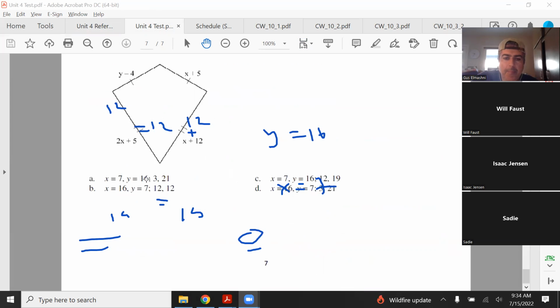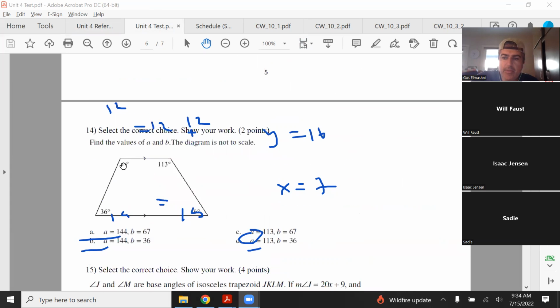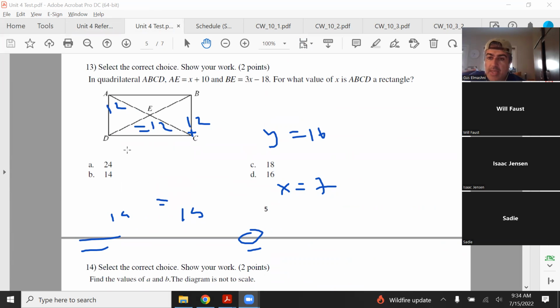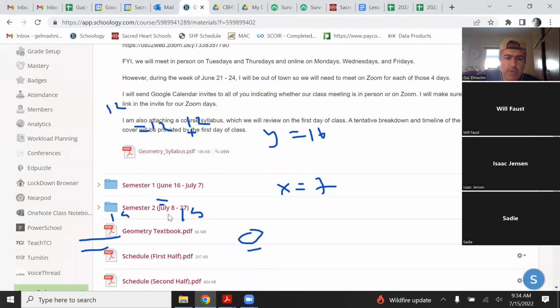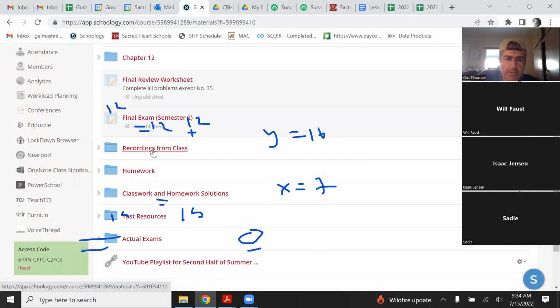Okay. So that covers the entire unit test. I'll show this recording later today. I also have my solutions. I'll scan those and put them up in Schoology. Obviously, if you go to Schoology, recordings is where we're in semester 2 now. Recordings from class right there. That's where I put the recordings.